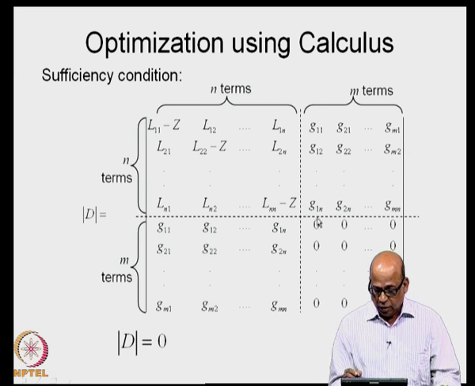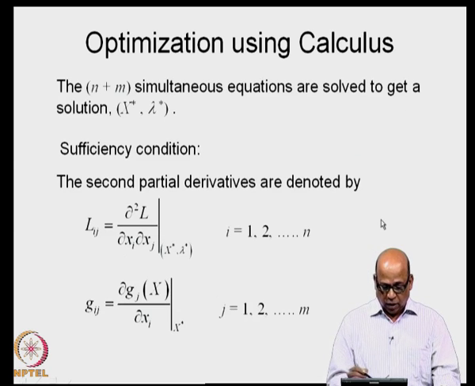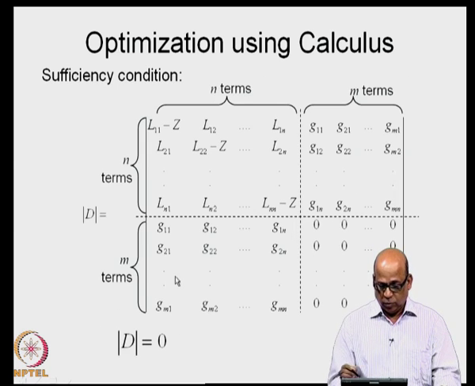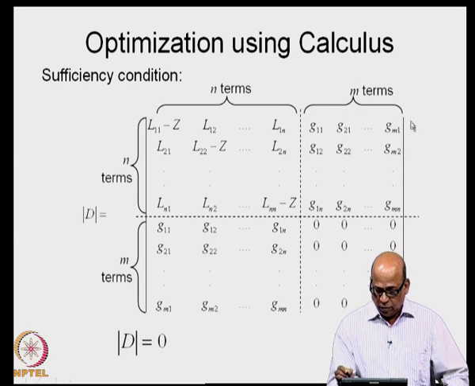Like this, you come to first constraint with respect to nth variable, second constraint with respect to nth variable, mth constraint with respect to nth variable. So, these are defined from here. So, these are the first order derivatives of these constraints with respect to the variables here. So, these are m terms and this is n terms along this.